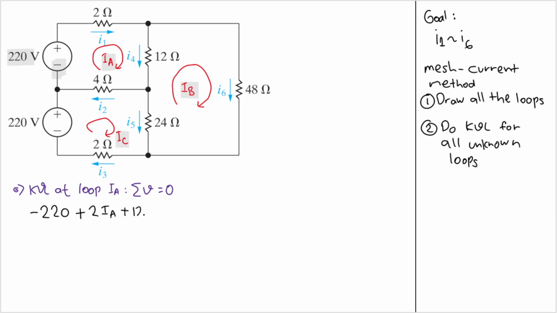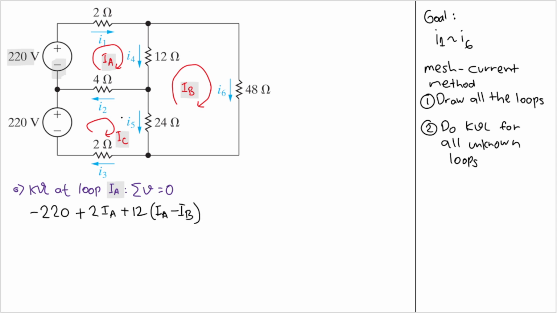But then another current is flowing, right? So I will have IA going down and IB going up. But here we are working on IA, so IA always comes first. So I will have 12 IA, but then IB is flowing in the opposite direction, so I will have IA minus IB.